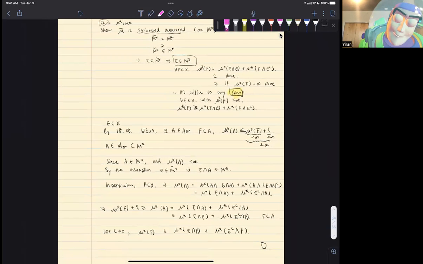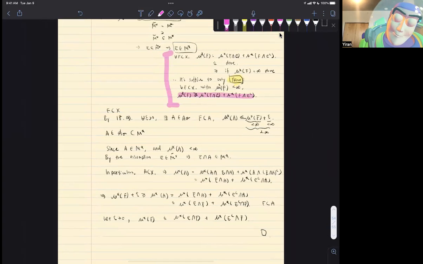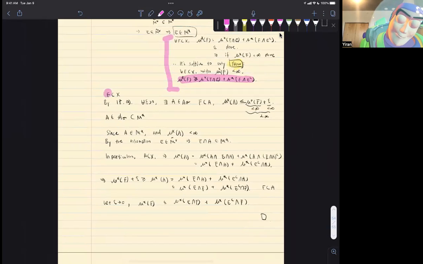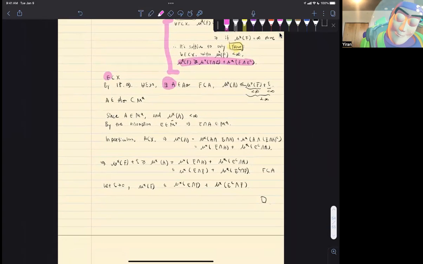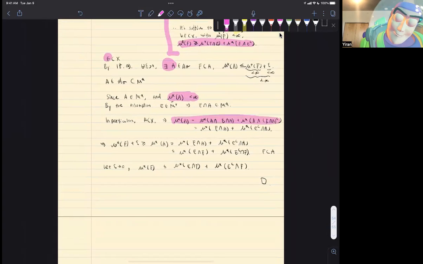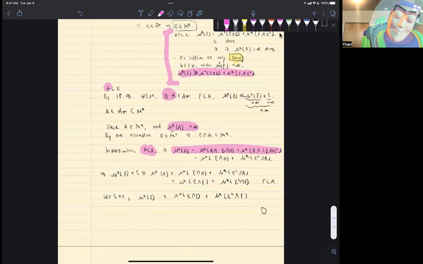So one is that you translate the problem into this, and then you pick that F, and you notice the existence of A, like exercise 18.A, and you need this, and then you also need to apply this, realizing how to use the conditions. Okay.